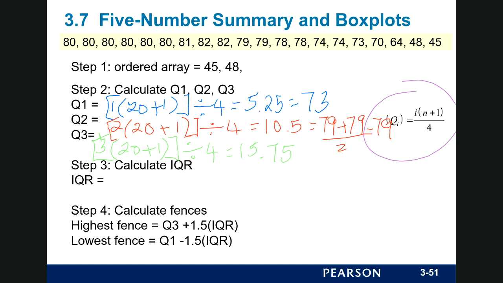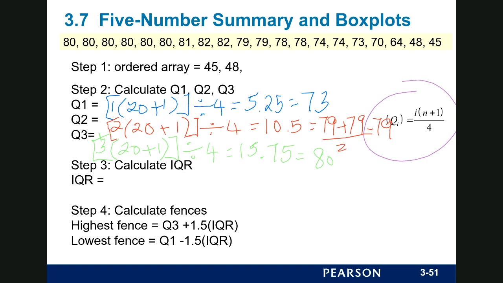Which means round it up to the 16th position, and that value is 80. Correct. So again, when you're doing your homework or the exam, when you've calculated quartile 1, 2, or 3, don't stop at the position because that's not the final answer. Make sure you round it up or round it down.